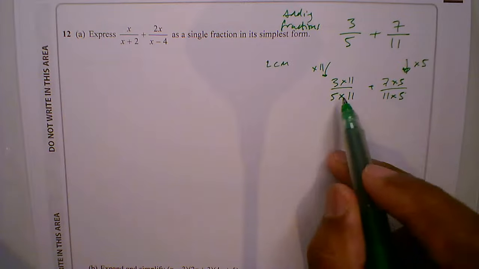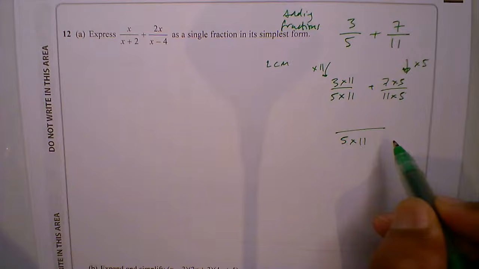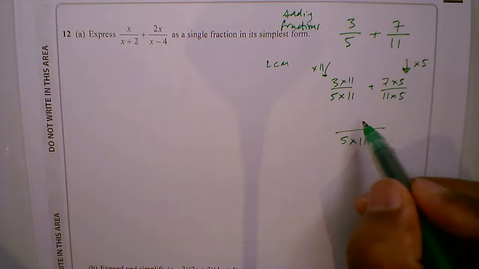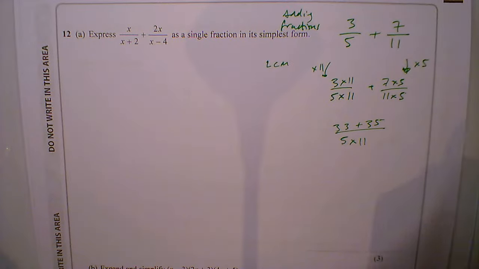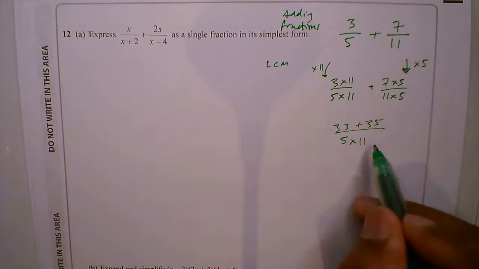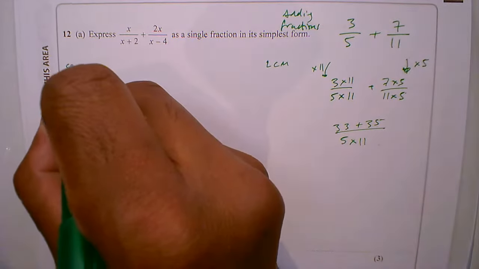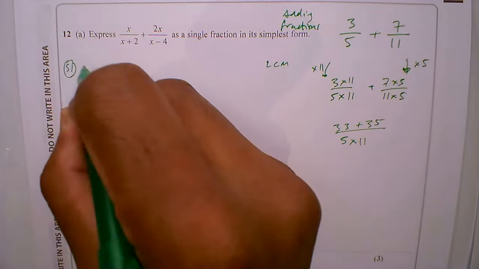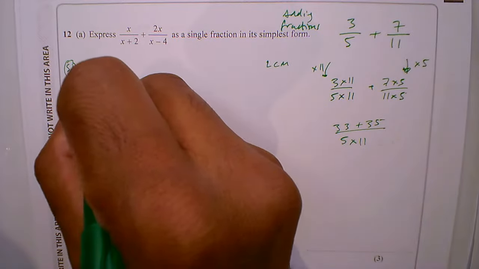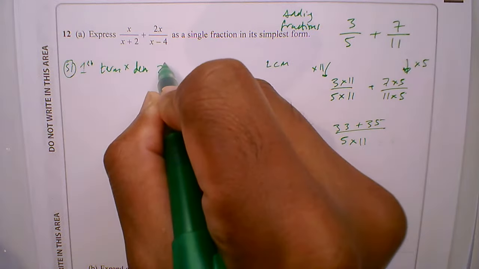Because the denominators are the same, you just have 11 times 5, and then you add the numerators together. So that would be 33 plus 7 times 5, which is 35. I've just made this up to help us see what we're going to do. Step 1 is multiply by the denominators: the first term is multiplied by the denominator of the second term.